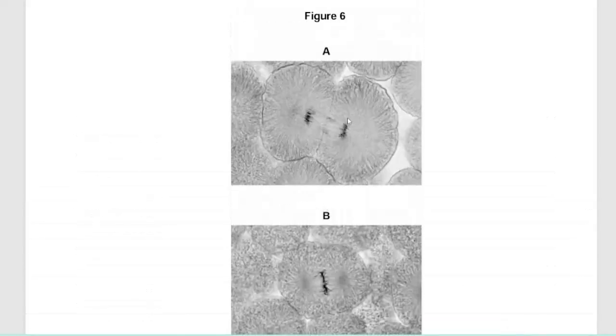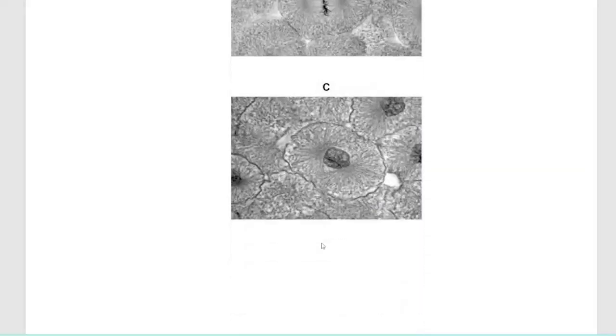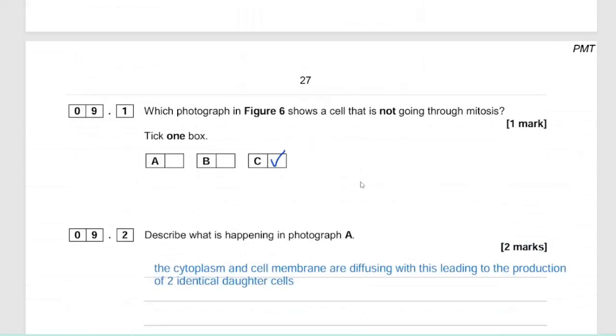A is obviously undergoing mitosis because the cytoplasm and cell membrane are splitting apart. B is a bit less obvious, but the nuclei and chromosomes are all grouping into the center, which is part of mitosis. And for figure C, it's just a normal cell. No mitosis going on there.